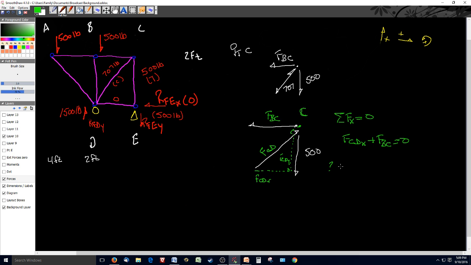We know that, again, the same unit triangle that we had before, this being 707, that being 500, this is 45.